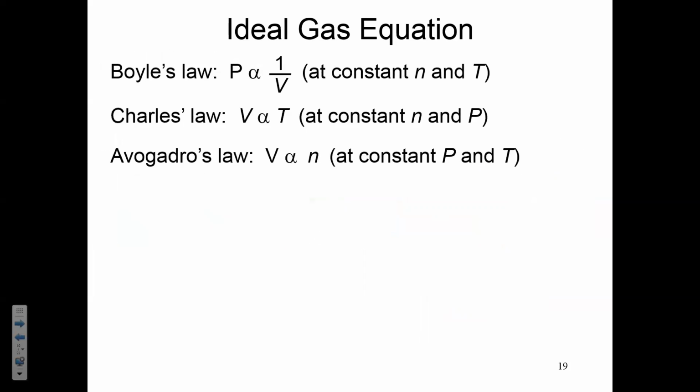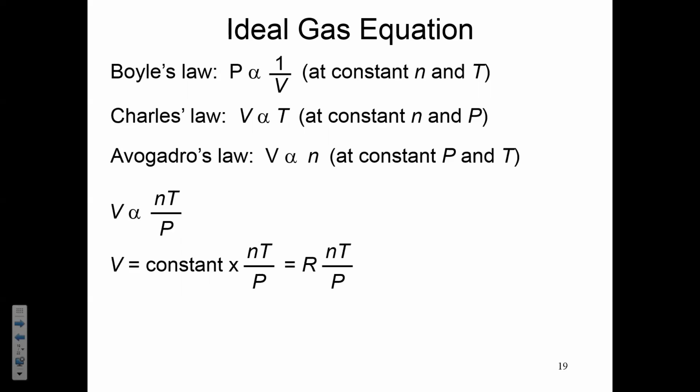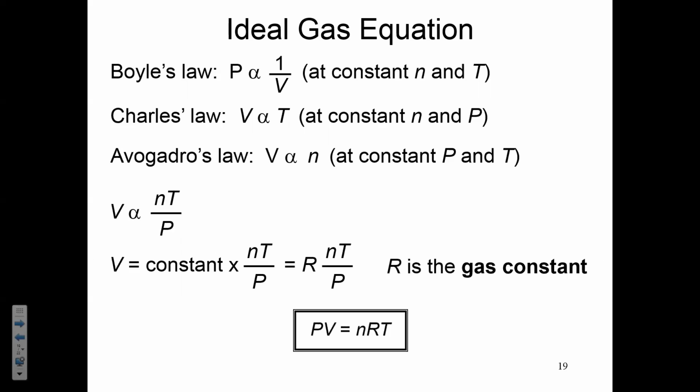All right, so if we take all those laws that I gave you and set them up to equal each other, we would come up with an equation that looks something like this. Okay, that PV equals nRT. So taking all of these equations, we've got our pressure times our volume equals our moles, we'll come to R in just a second, times our temperature.